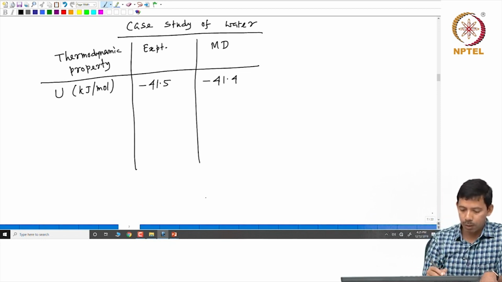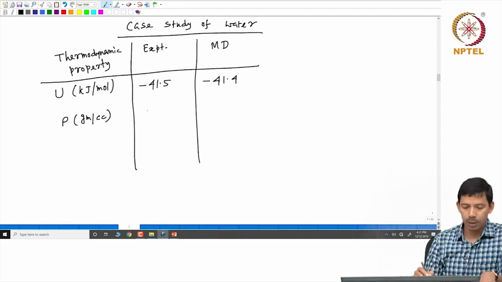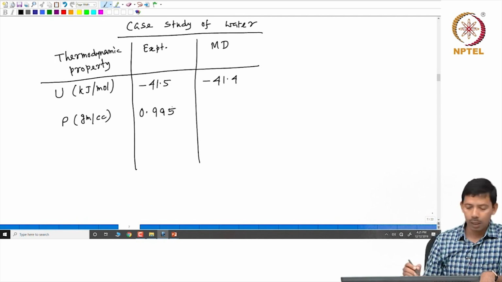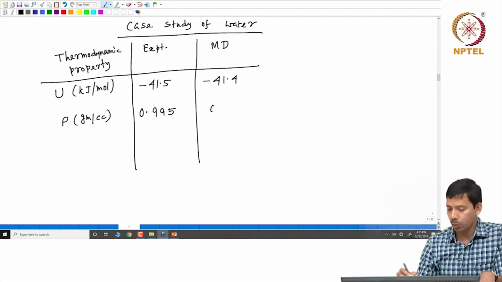The next property is the density, gram per cc. The experimentally measured is 0.995, and from MD we get 0.998.